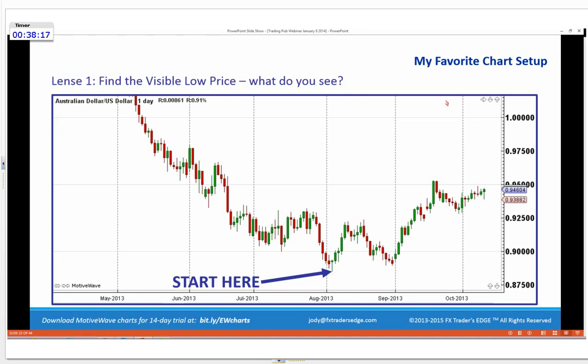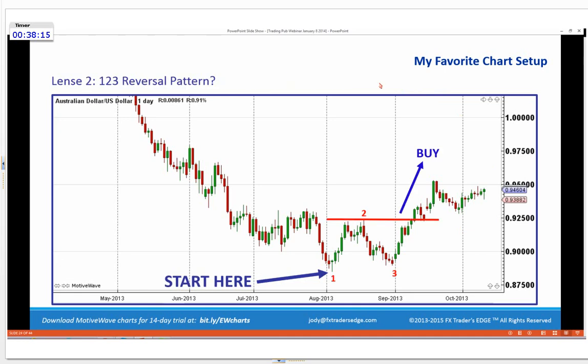But let's change our lens. And let's start to pretty up our chart and draw some things on it to make sense to us. Lens 2, a 1, 2, 3 reversal pattern. This is what we talked about earlier, where this bottom point is point 1, followed by point 2, followed by point 3, and we take out point 2 and we have confirmation for a buy.